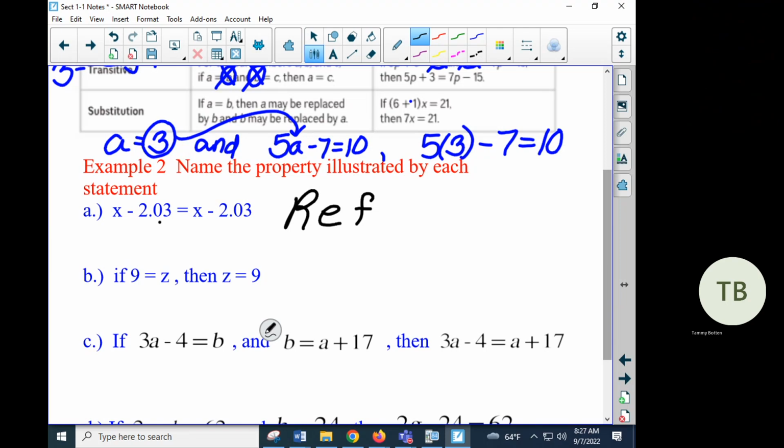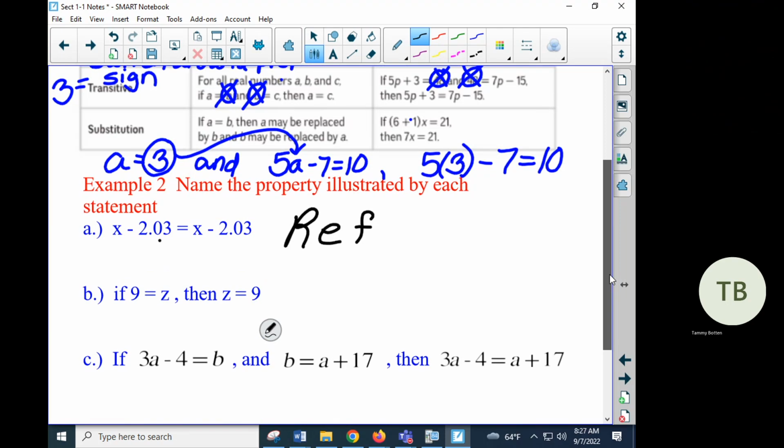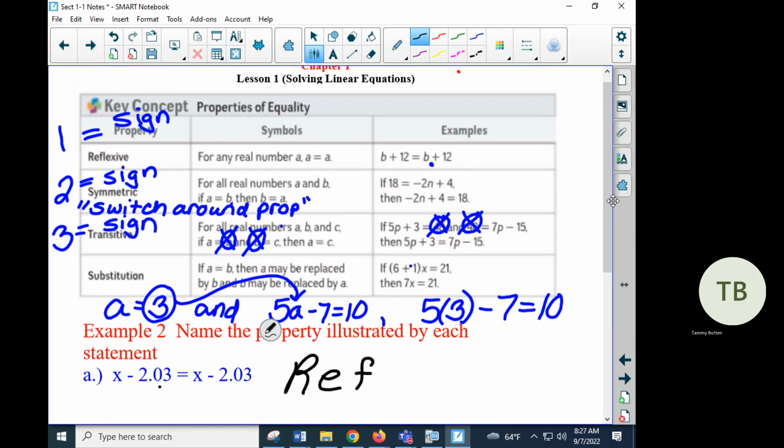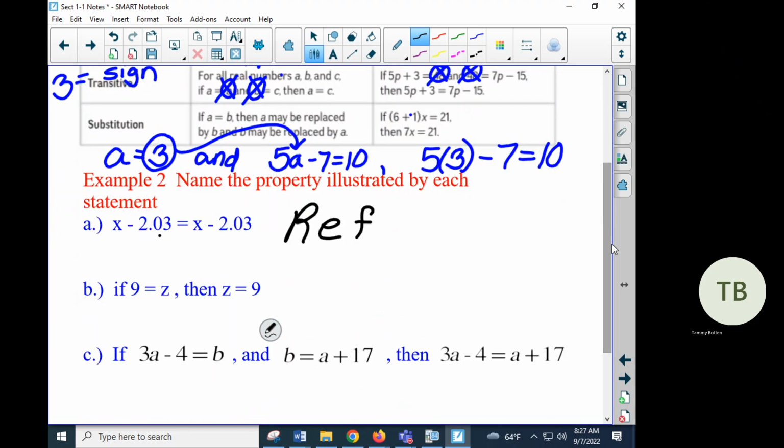It has two equal signs. And what does it look like they did from here to here? They flipped it, right? Do you remember what that one's called? If they switch it around or flip it, it is the symmetric property. Okay, just taking the two sides and flipping is symmetric. So if you go SYMM, that's good.